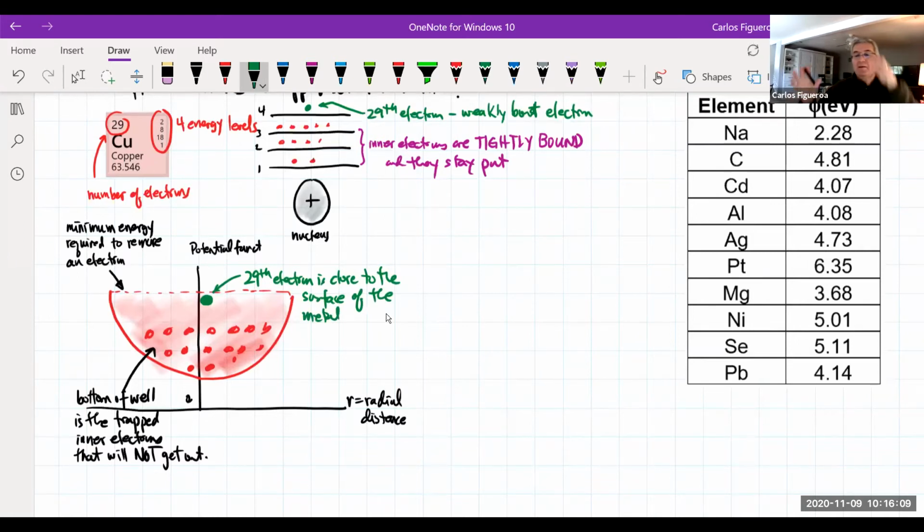So it's right below the surface of this potential function here. And by the way, this guy here represents the edge of the atom.